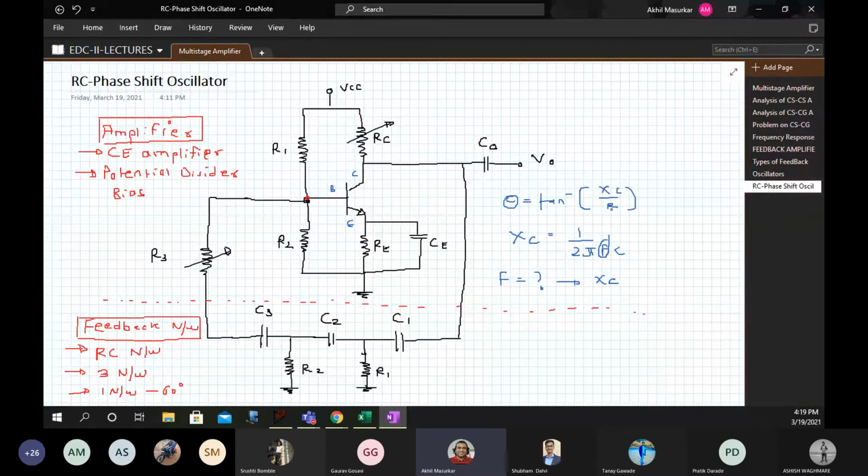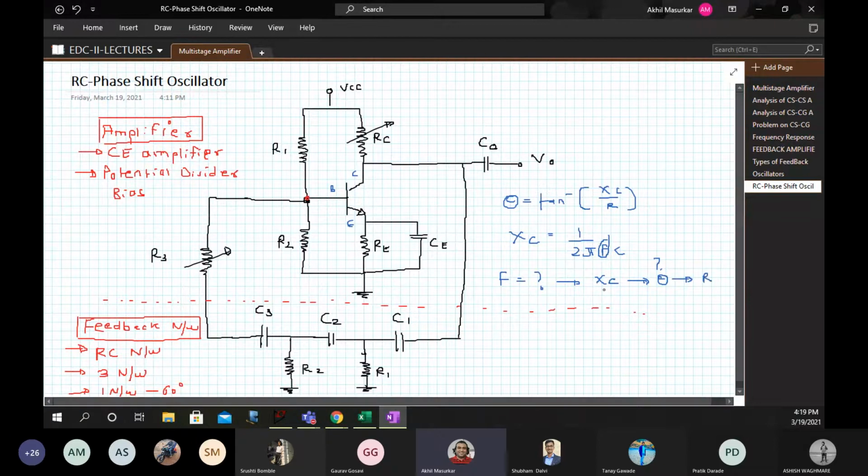Then based on the phase shift theta that you want, generally 60 degrees, you can decide the value of R. So in that way we are calculating C and R. This is the approach.